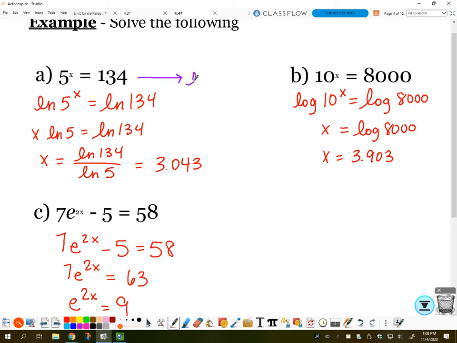If you wanted to, you could have taken log base 5 of those sides. And then these would have canceled, but you would have to use the change of base formula here, which would give you the same thing to type in your calculator that you got this way. So it's, again, like pick your poison. It's whatever makes you happy.